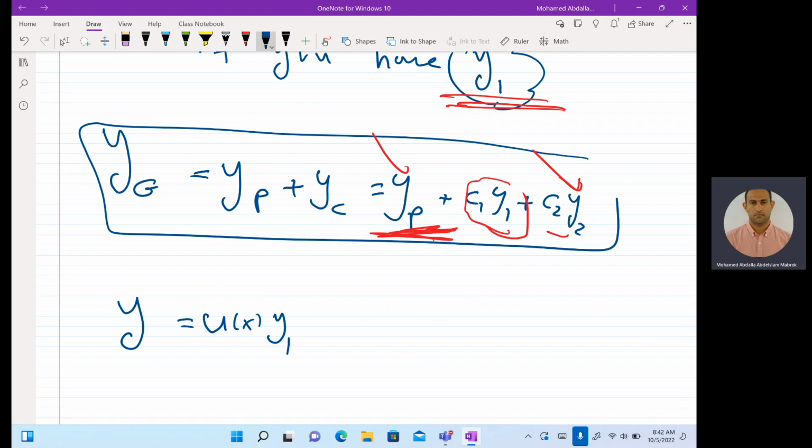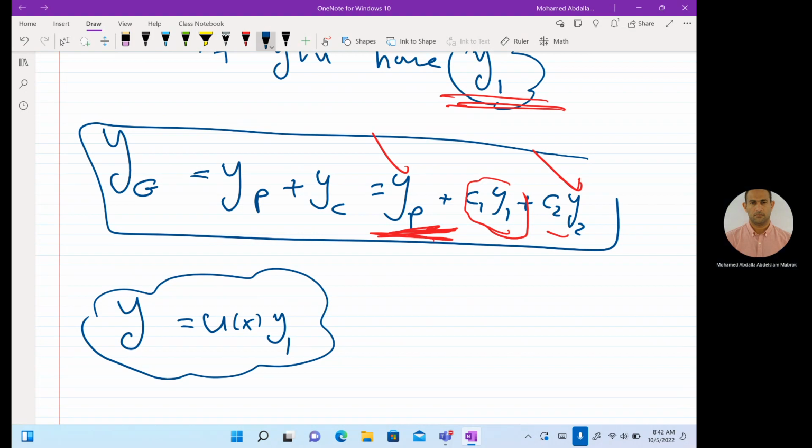Okay, and I guess we talked about why this is a proposed solution when we first did that. So basically, this is the only new piece of information that you need. Everything else is known.